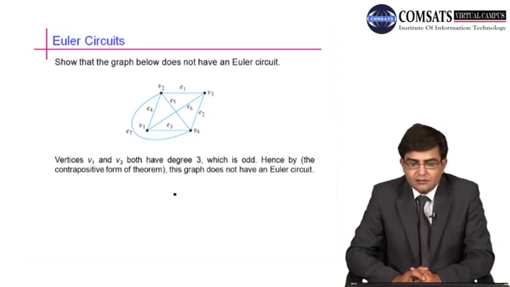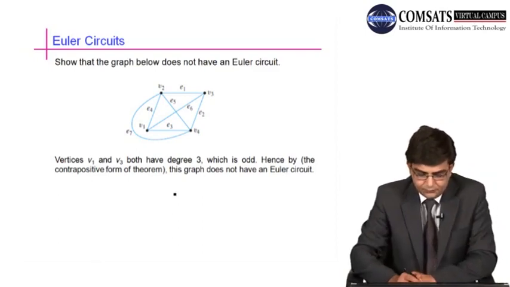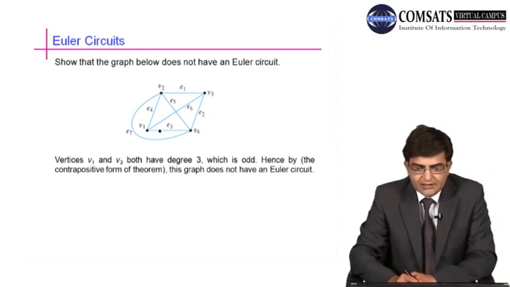So first, the vertex v1 has degree 1, 2, 3. Because there are three edges, 1, 2, 3, these 3 edges are incident on v1.